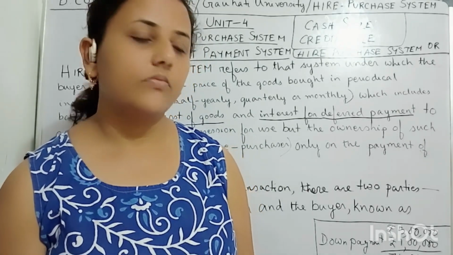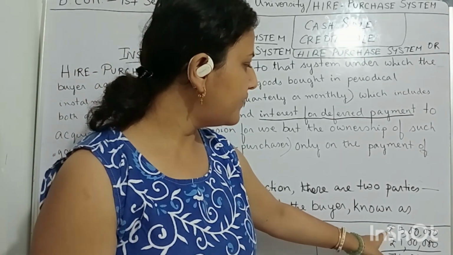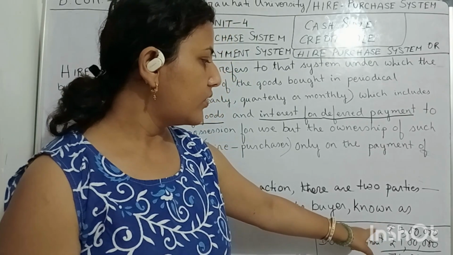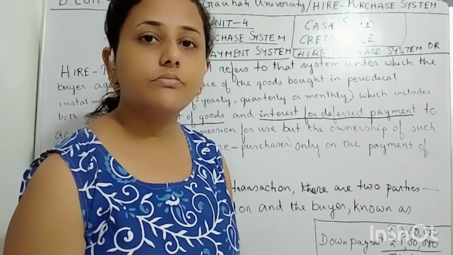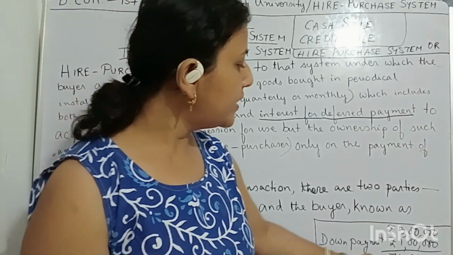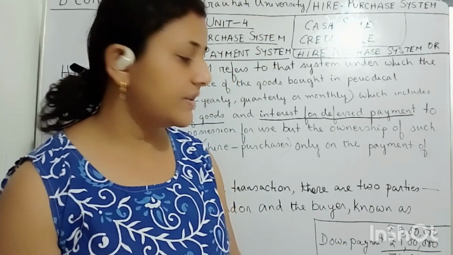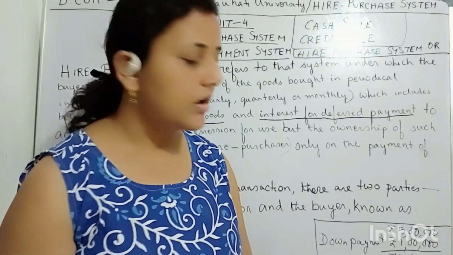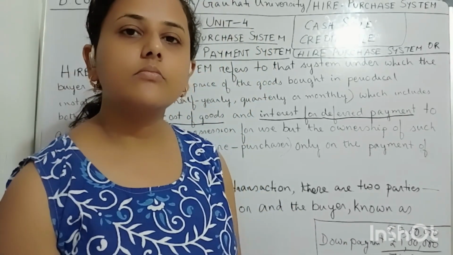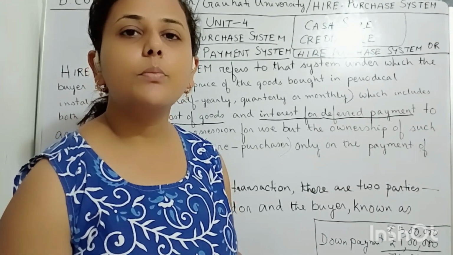So if 5 lakh is the cost of the machine, and a down payment of rupees 1 lakh is paid by the buyer, what remains? 4 lakh. This 4 lakh will be paid on a yearly basis.